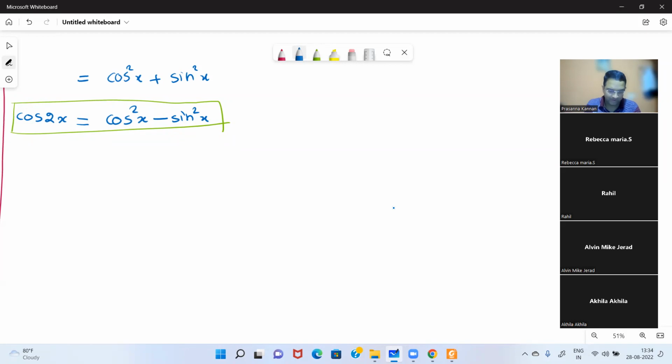One, exactly. Now can you add the 2 equations? What will you get? Left hand side, 1 plus cos 2x. On the right hand side, what will get cancelled when you add them? Cos square x and sin square x.